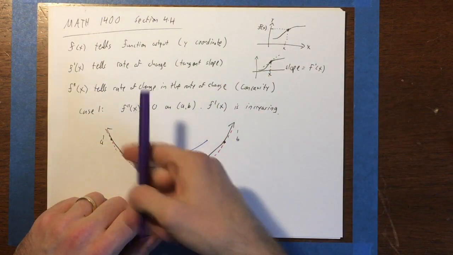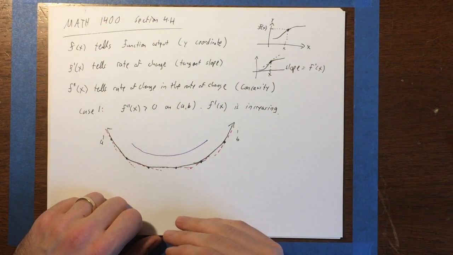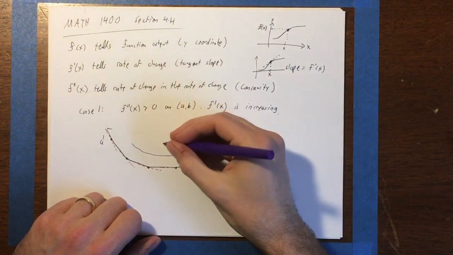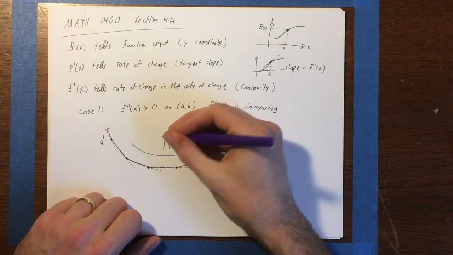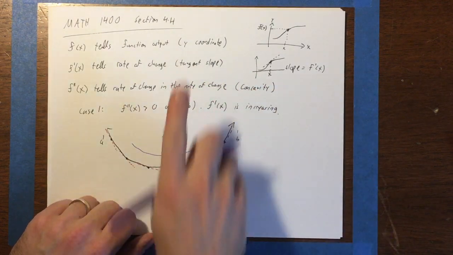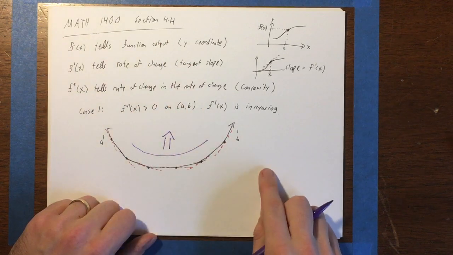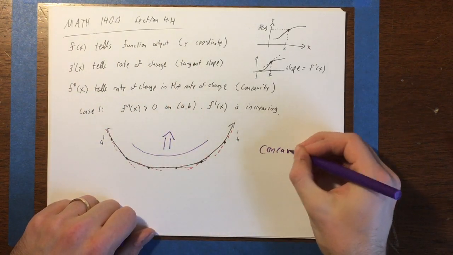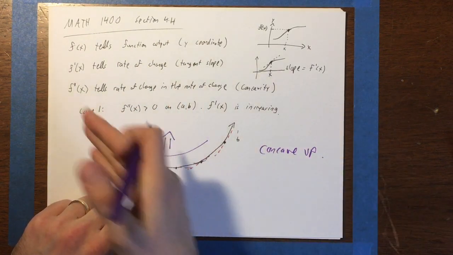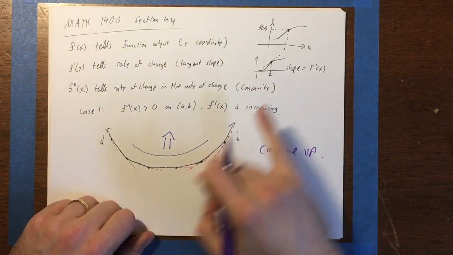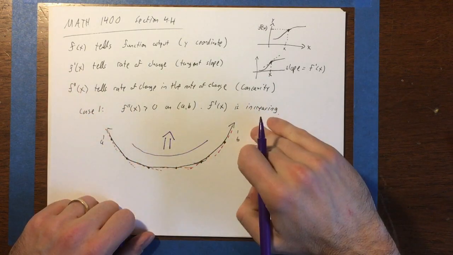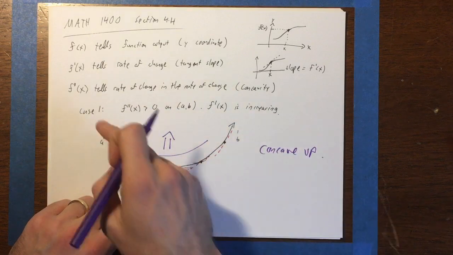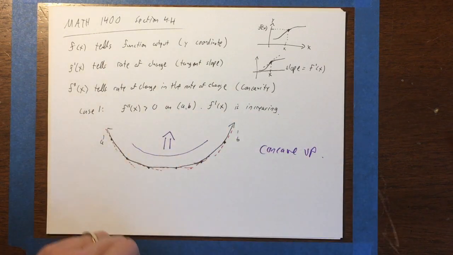The outside of the curve would be the convex side. But if you look at it from the inside, it's concave. That portion is pointing upwards. So that's the concavity pointing upwards. We call that concave up. So this is what it means: when you have an increasing rate of change, when the tangent slopes are getting larger, it produces this concave up behavior.